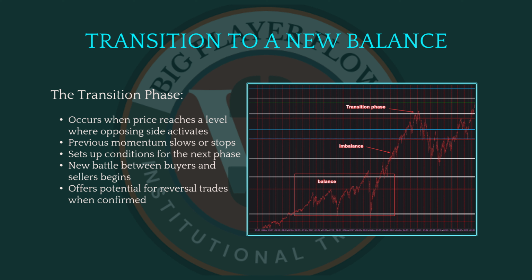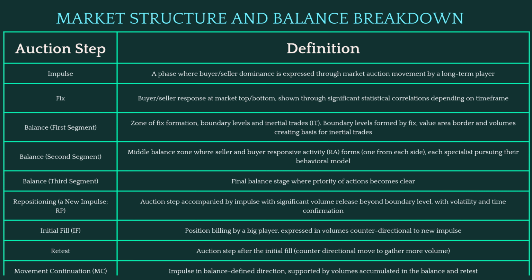We can take an inertial trade, define our conservative and aggressive trades, depending on what style you prefer. When we have this information, when we understand the true market structure, the whole trading paradigm just shifts dramatically.